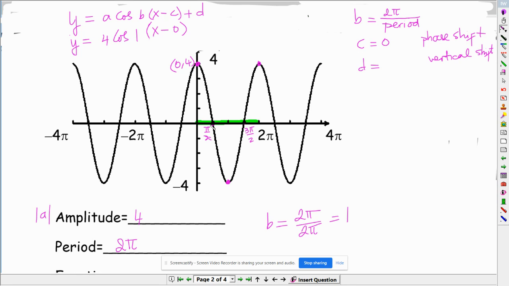In this case, the midline is y equals 0, or the x-axis. So D equals 0. We substitute, and therefore we are done. Our final equation will be y equals 4 cosine of x.